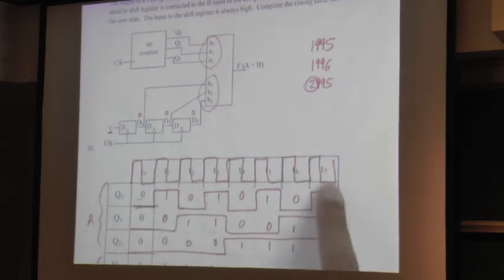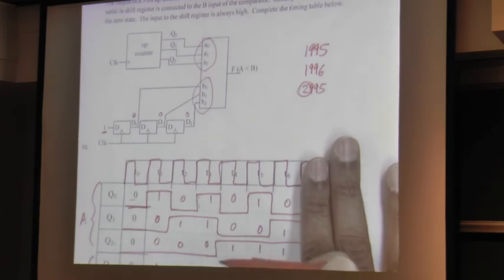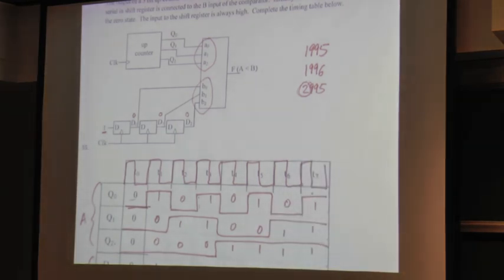But only because we started at 7. If we had started at 6, for example, and gone in this direction, then it would count 0 1 0 1 0 1 0. But I think on a case-by-case basis, you should be able to derive that.